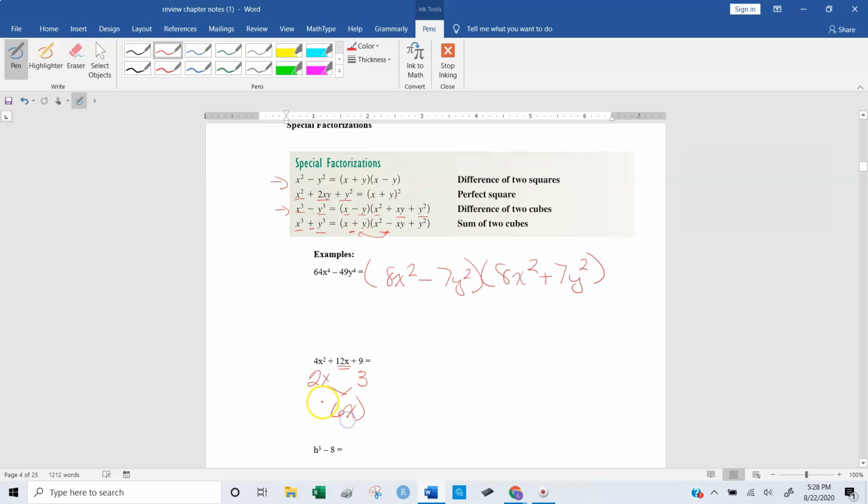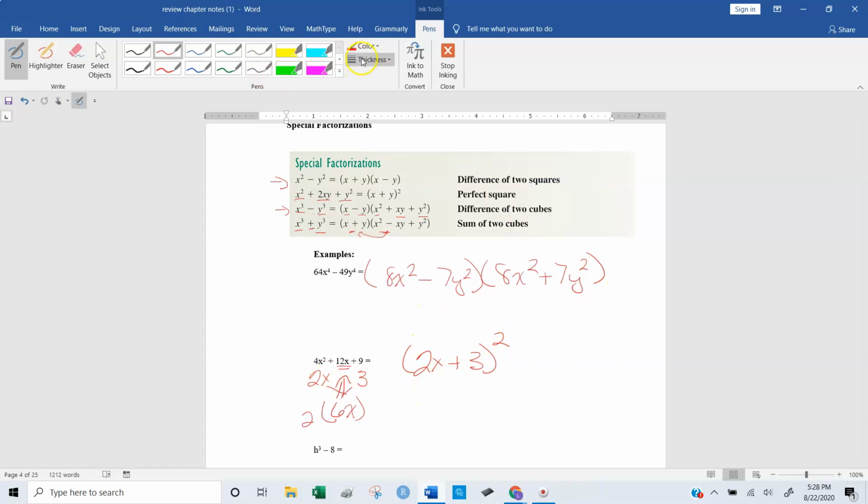And if I double that, do I get the middle term? Well, 6 times 2 is definitely 12, so this is a perfect square trinomial. It factors into the first square plus the last square, quantity squared, which was nice.